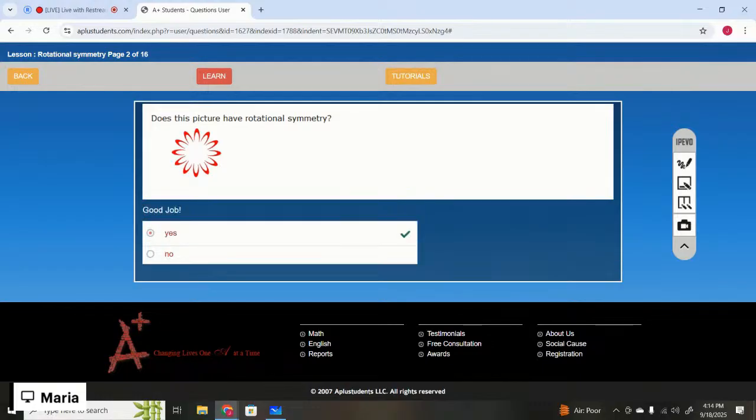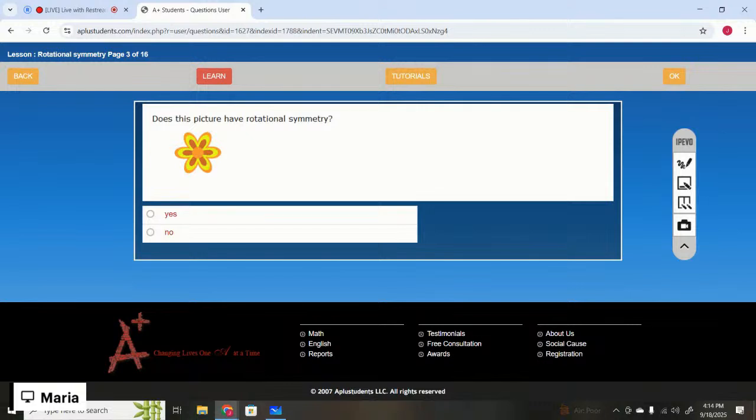So yes, it has rotational symmetry. Does this picture have rotational symmetry?